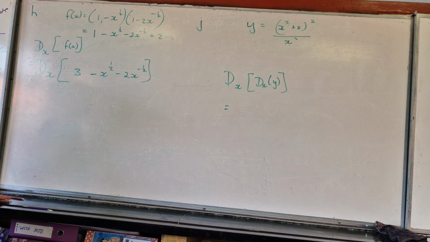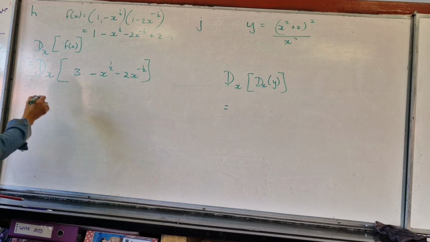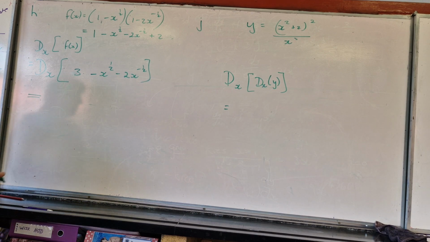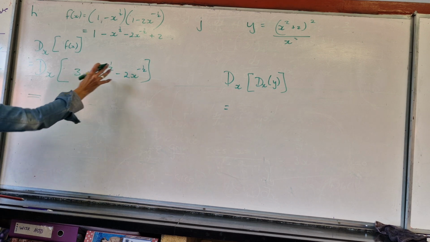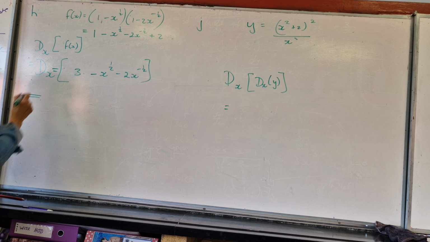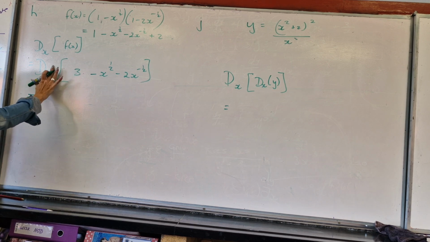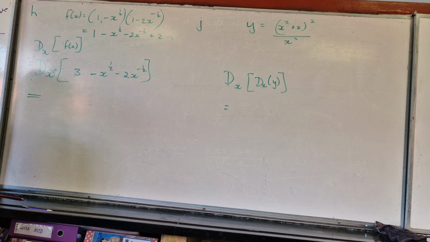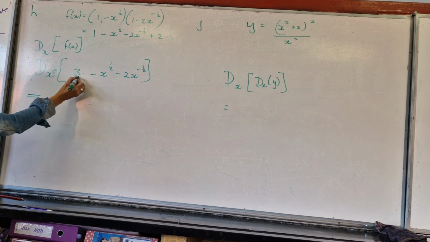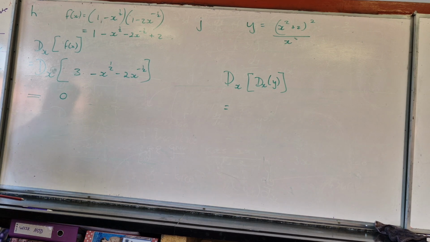Let's read it again. It says the derivative of what's in this bracket is equal to answer. Are you with me here? The derivative of this bracket is, you shouldn't have a d here anymore. You shouldn't have d equals there because they're going to deduct a mark from you. It says the derivative of the bracket is, let's do it, 0. And if you're thinking you want to write 0, do it.